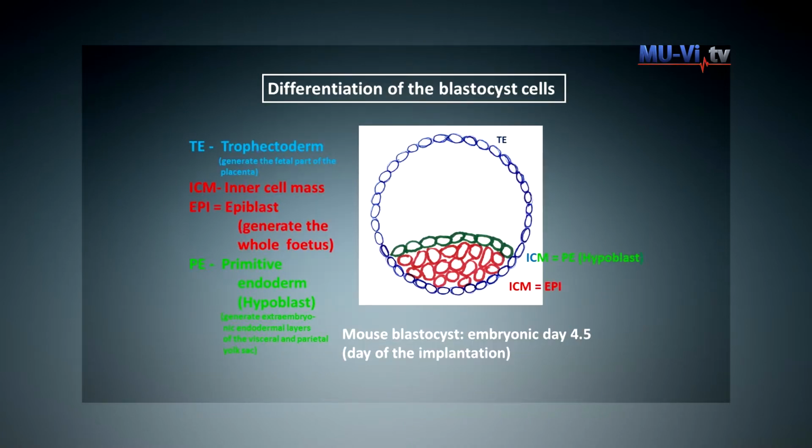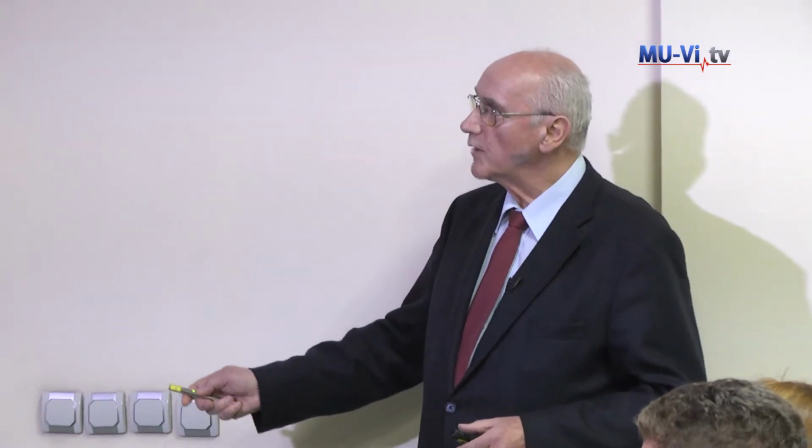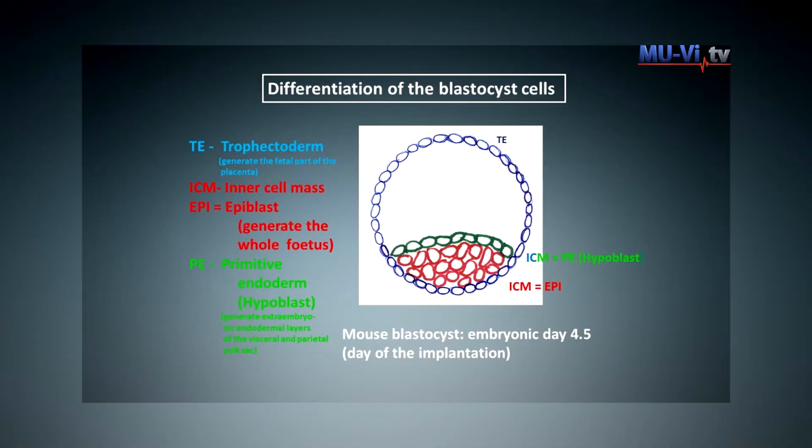At the time of the implantation, the blastocyst contains two types of cells. One outer sheet of cells, this is the trophectoderm, is responsible for the building of the placenta.